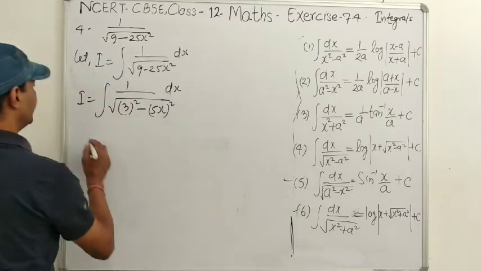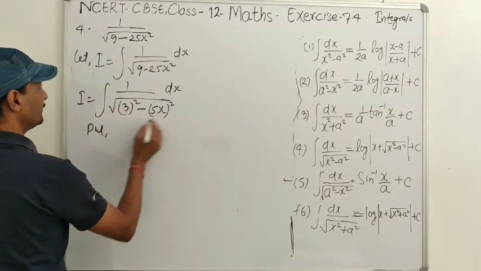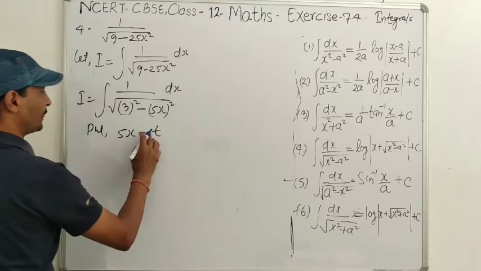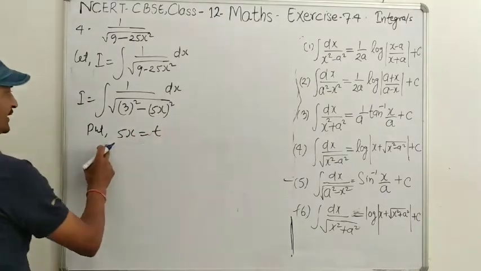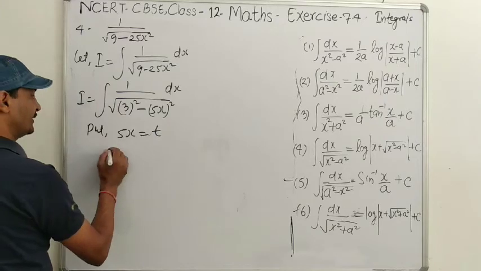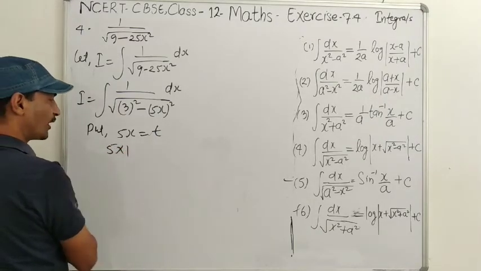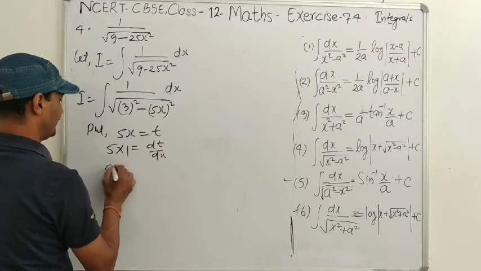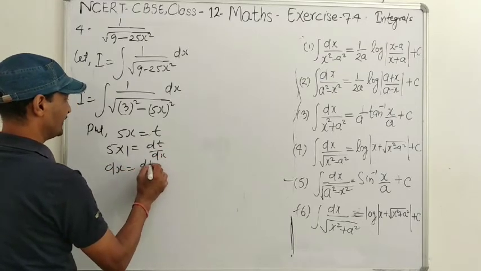So what do we do here? To remove 5x, let 5x equal to t and substitute. Differentiating with respect to x, 5 into the differential of x is 1, and dt by dx is 5, so dx is equal to dt by 5.